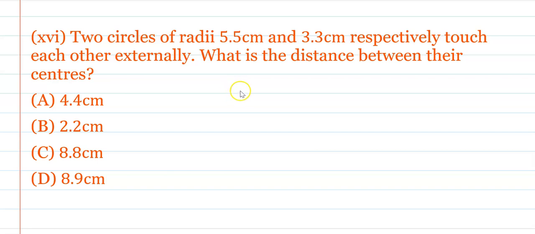Therefore, this distance d is equal to r1 plus r2, that is 5.5 plus 3.3, which is equal to 8.8. Therefore, option C is the correct one.